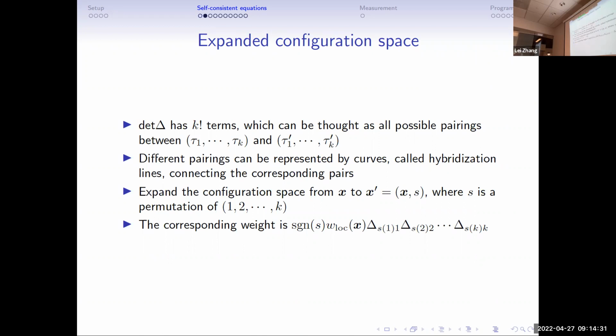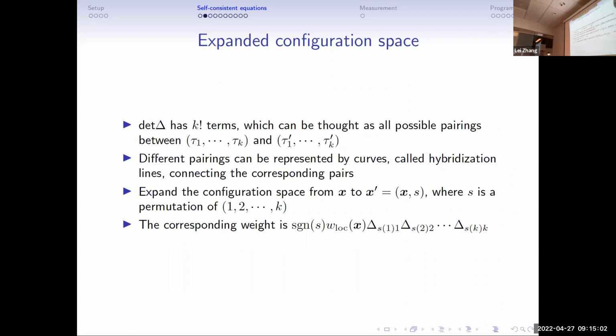The main goal is to find the self-consistent equations for the hybridization expansion representation. To do that, we first need to expand the configuration space a little bit. You may remember that in the expression of the partition function, we have the determinant of the hybridization functions.